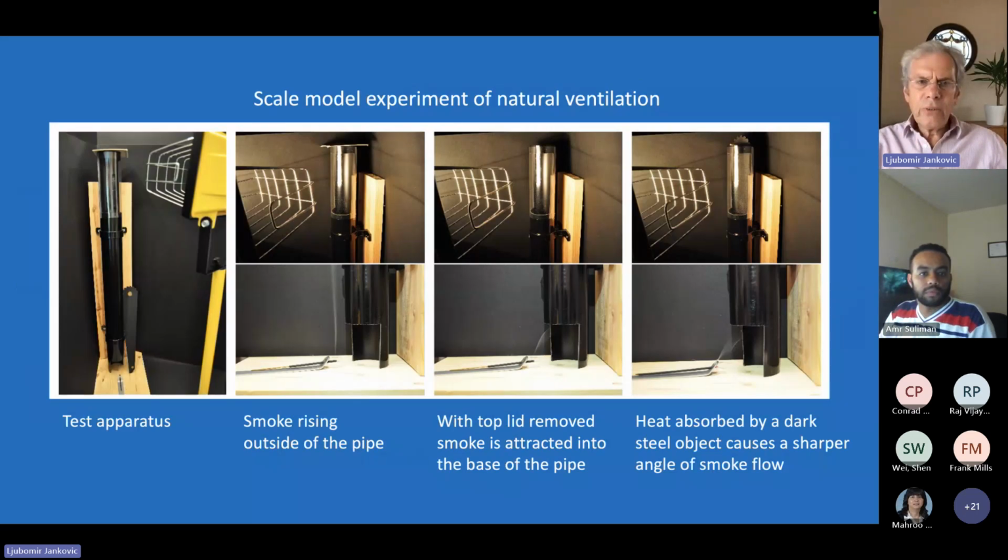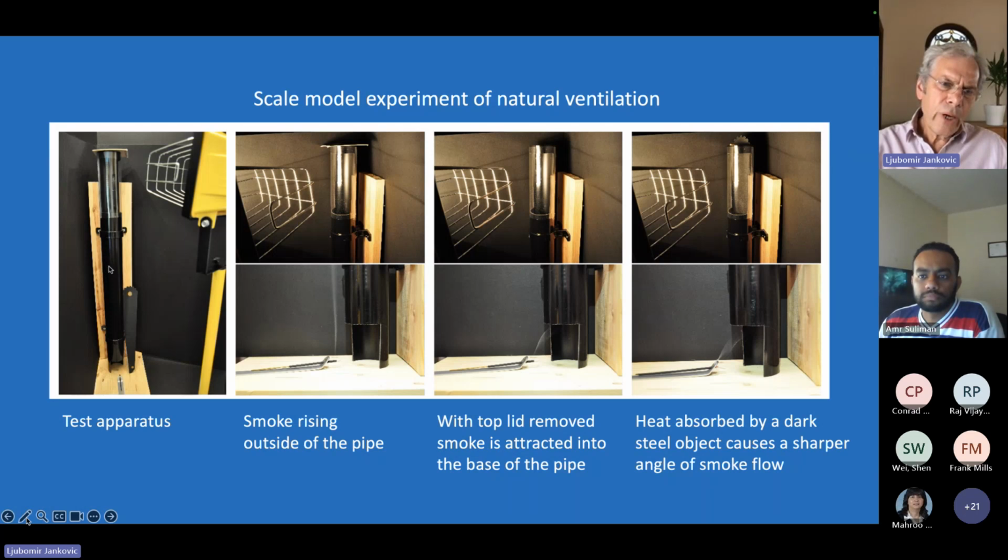I can demonstrate this with a scale model experiment of natural ventilation, where the experimental setup is the rainwater down pipe, which I've cut in the base to create an opening, cut it at the top, and glazed it with a transparent sheet.